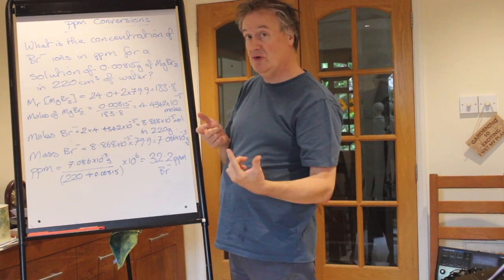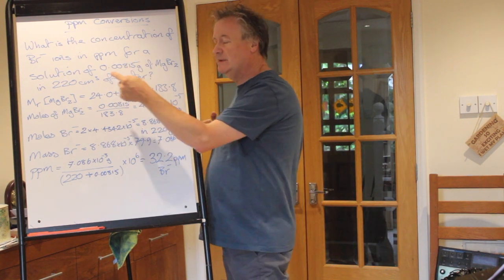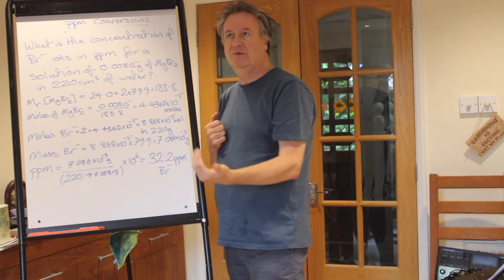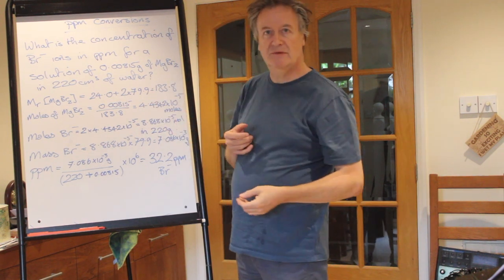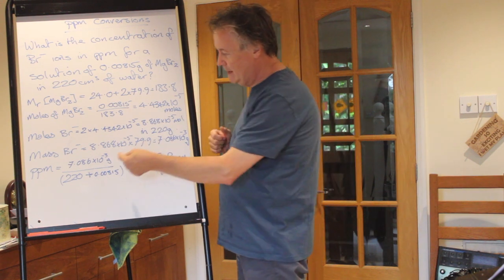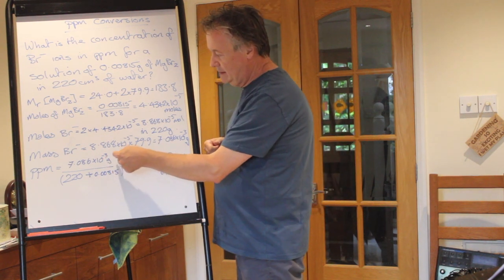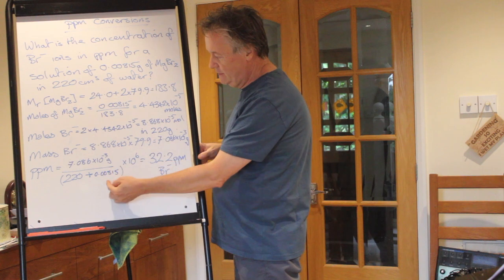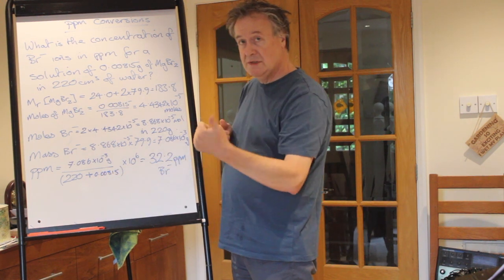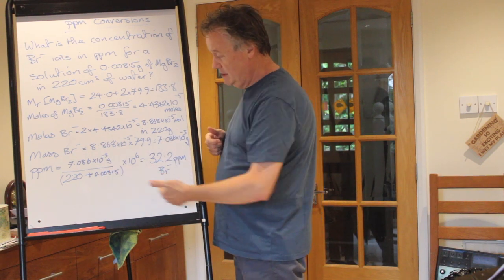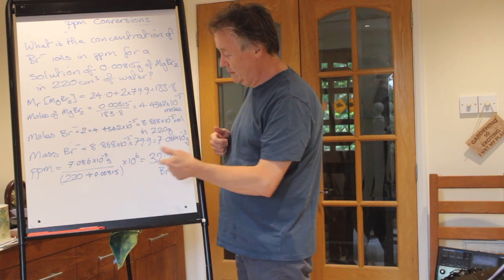The solvent is now not 1,000, because that was one of the changes when you don't do moles per cubic decimetre, but you have a mass in some other different volume. And so here, there's the mass of bromide ions in grams. There's the mass of the water and the mass of the solute, the 0.00815.